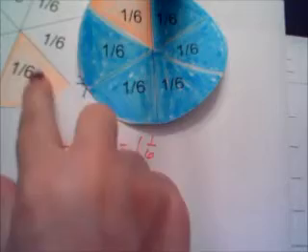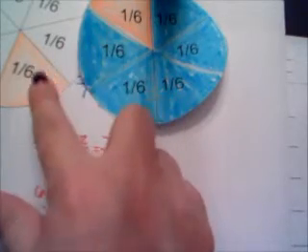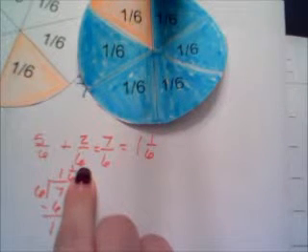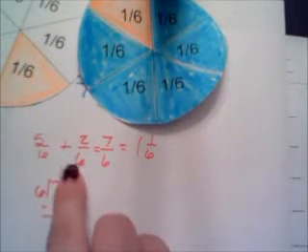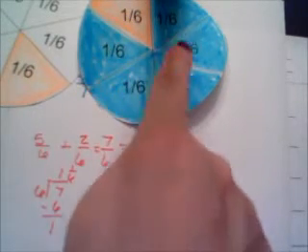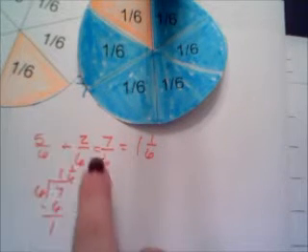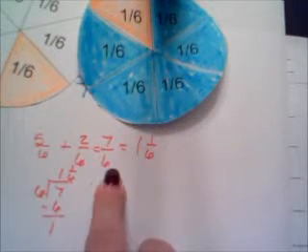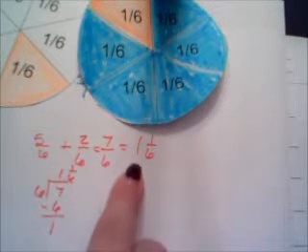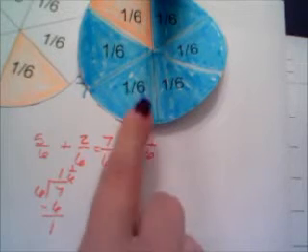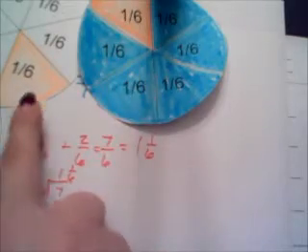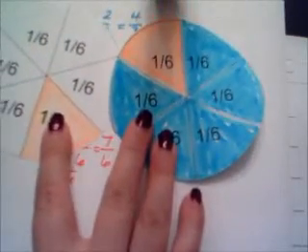I have 2 shaded in orange, one here and one here. So I have 5/6 and 2/6, right? 5/6 plus 2/6 equals 7/6. Is that right? 1, 2, 3, 4, 5, 6, 7. That's right, it's 7/6. If I did my division, 7 divided by 6, I came up with 1 and 1/6. Is that what I have here? It is. I have 1 whole piece and 1/6 of a piece, okay?